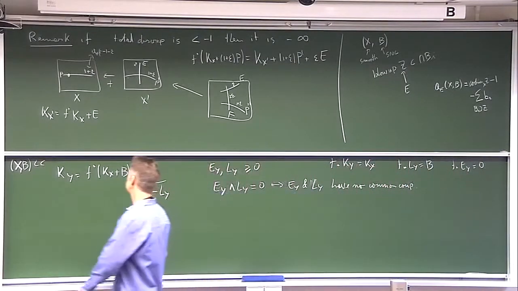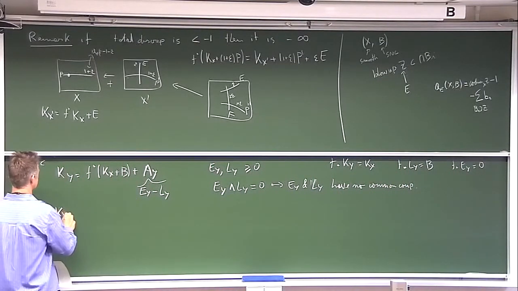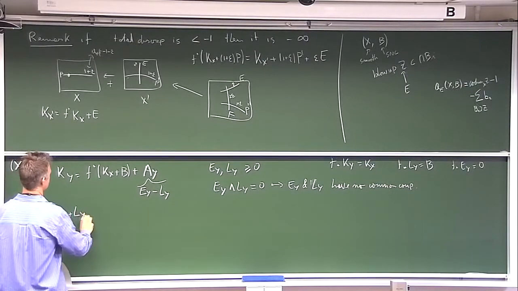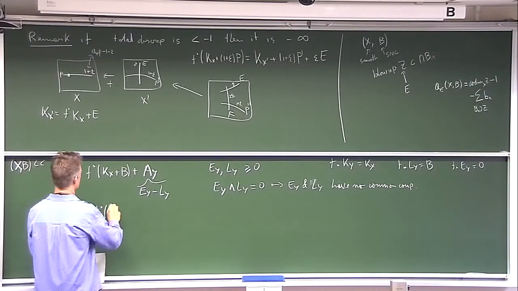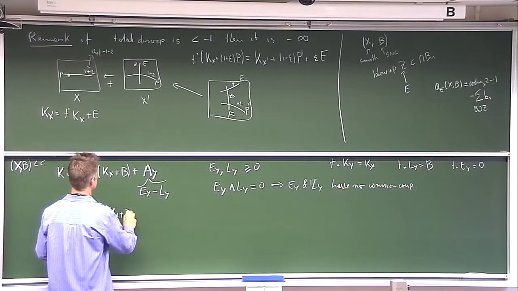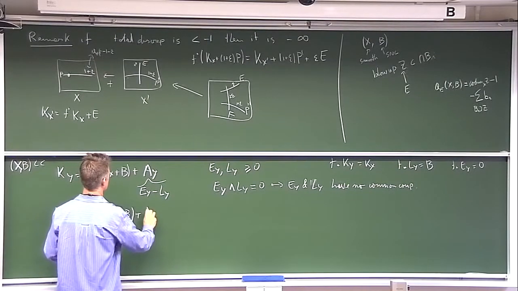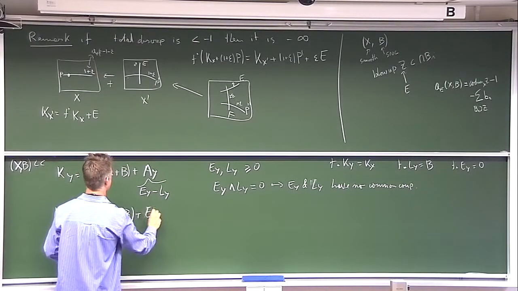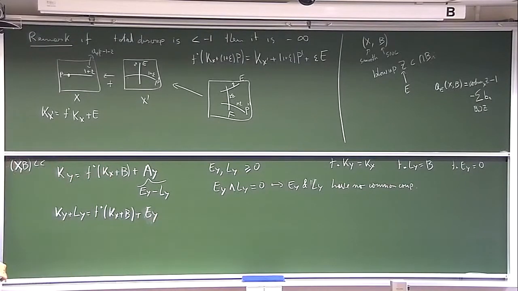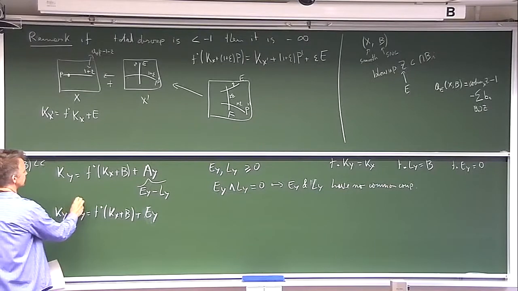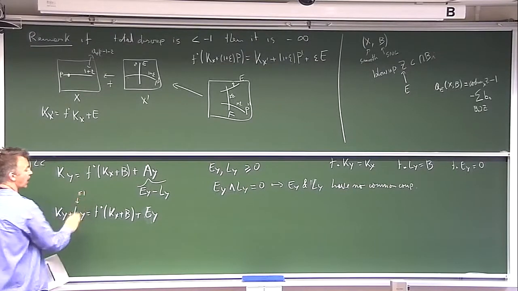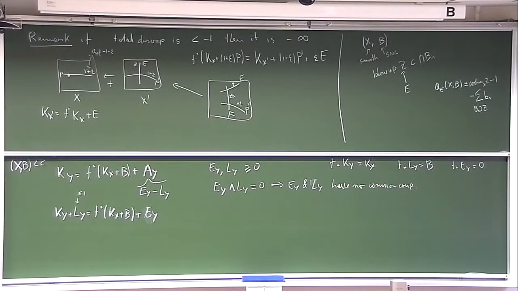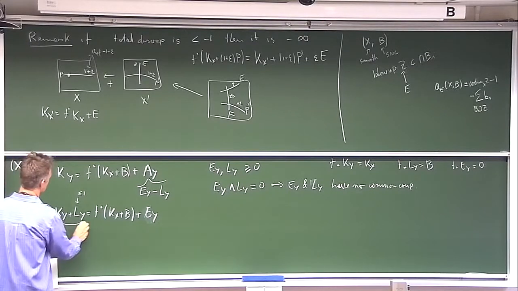So now I just rewrite this formula as Ky plus Ly is equal to the pullback of Kx plus B, plus Ey. Now, if I started with something log canonical and I take a log resolution, the coefficients of this divisor are less than or equal to 1, and it has simple normal crossings. So this is a nice log canonical pair.